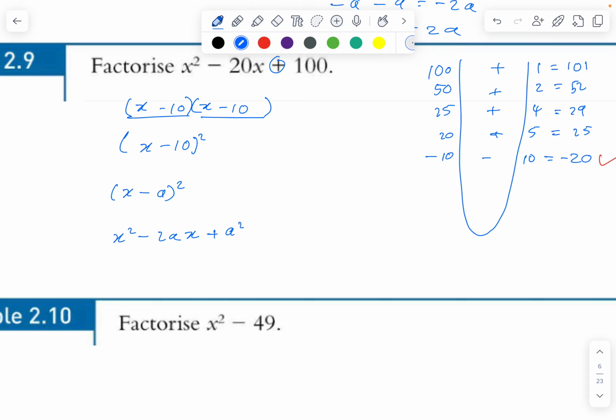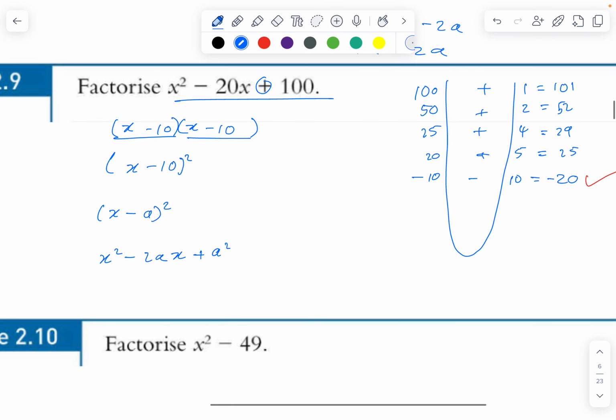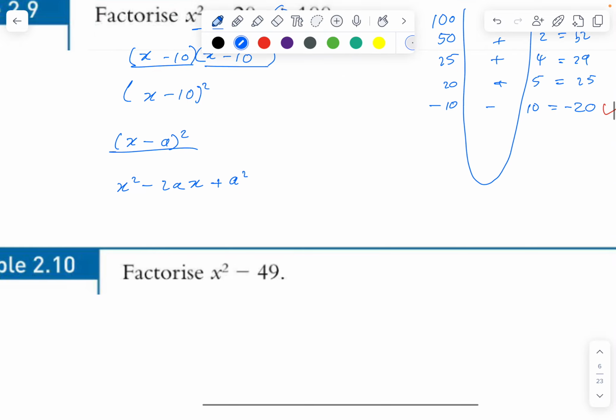We know that if we divide this part by 2, we get our a value. If the a value squared is actually this part, we know that we're dealing with this form of relationship. How do you determine that? Divide this one by 2, you get 10 times 2. 10 squared is indeed plus 100. So we can actually just factorize it and just say it is exactly like this one. I don't know if that makes sense.